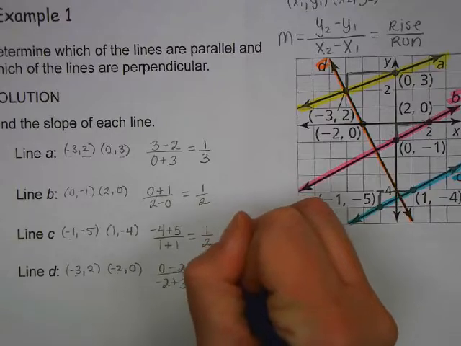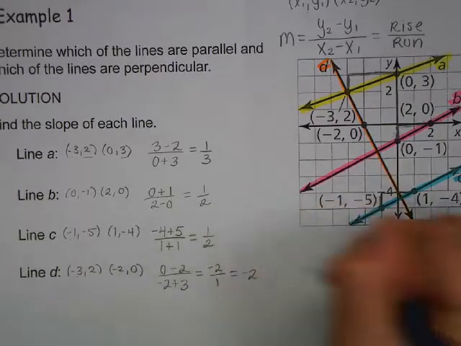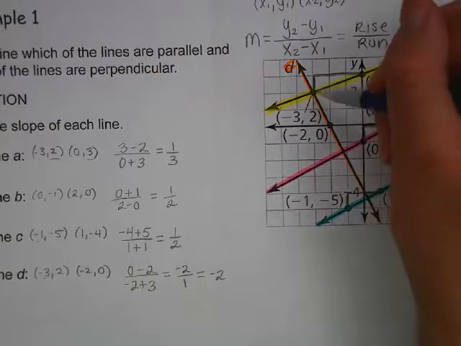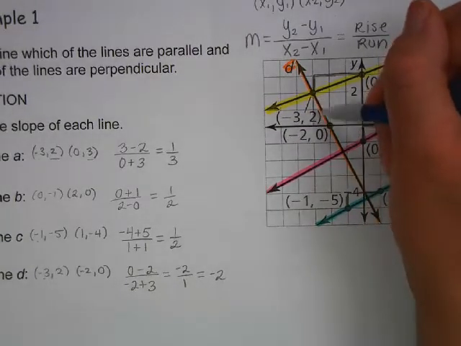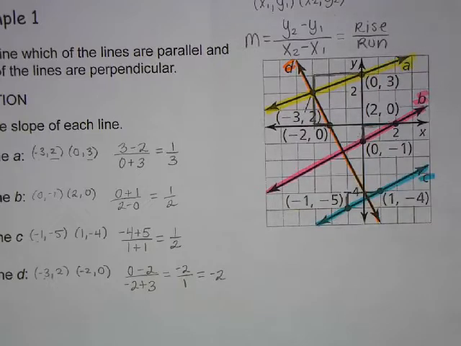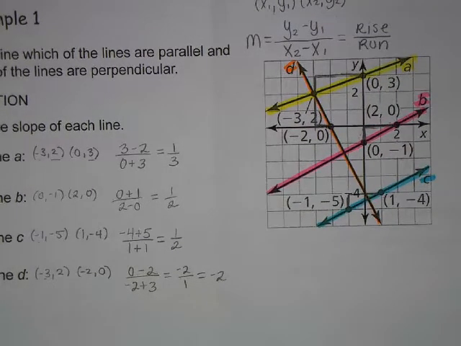So that's -2 over 1, which is just -2. And again, if you did rise over run with line D, you would go down 2 over 1, and that simplifies to -2.